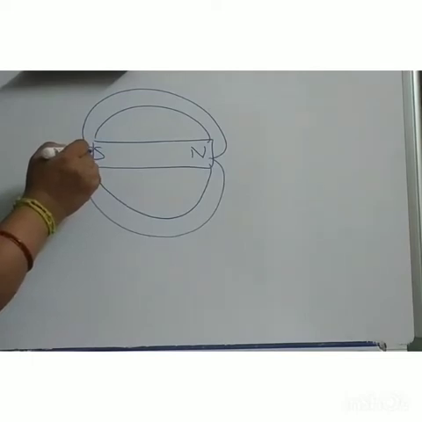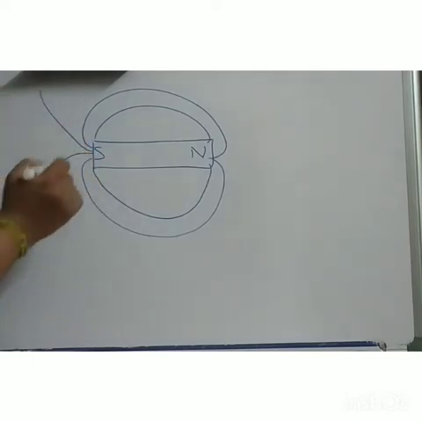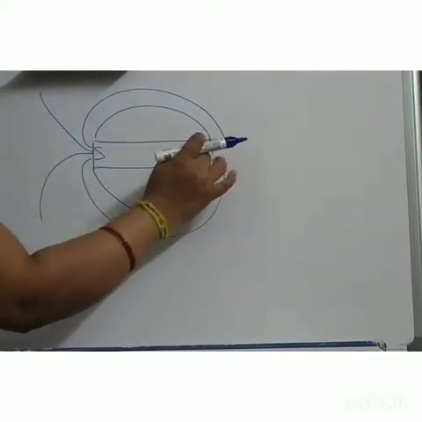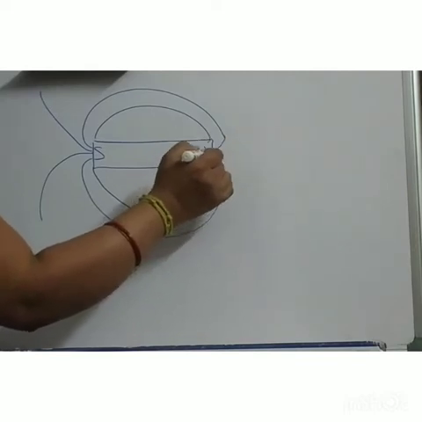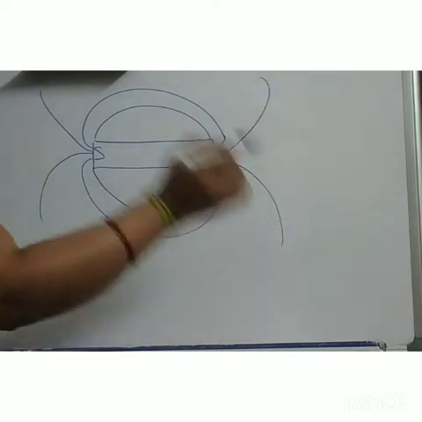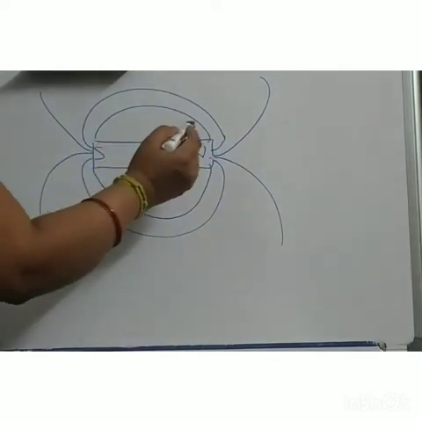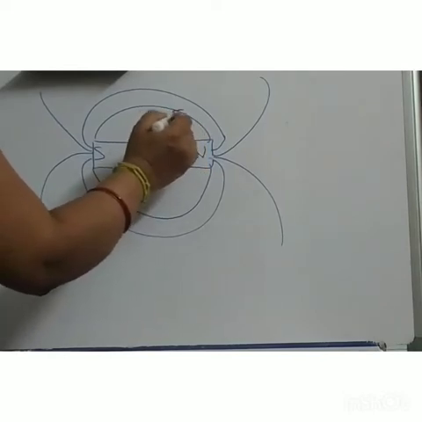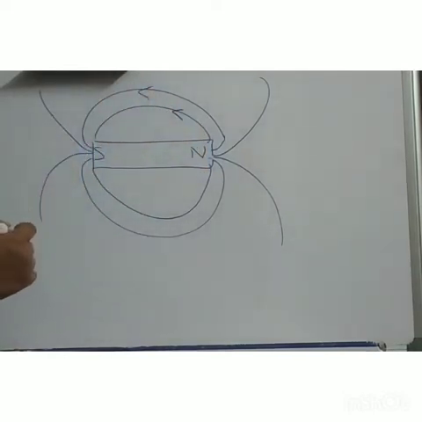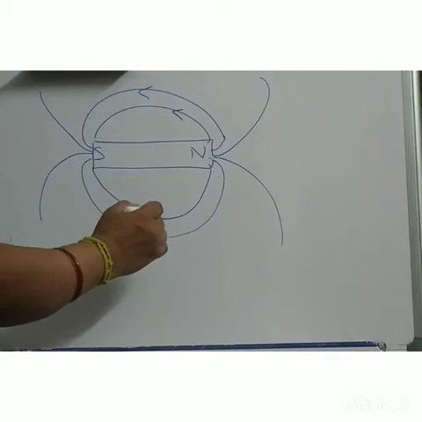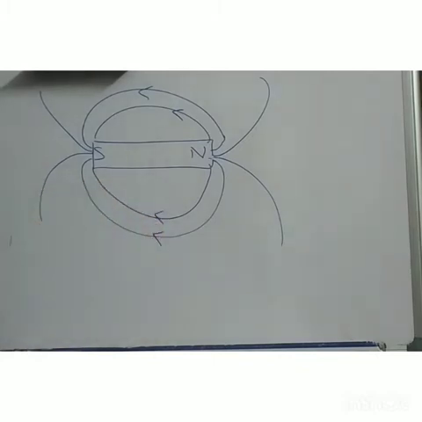I am drawing a little bit fewer magnetic field lines, so that it will be much easier for me to explain to you. And the direction also we got from the compass needle. So we have observed the compass needle direction will be like this. Clear? It will be like this.